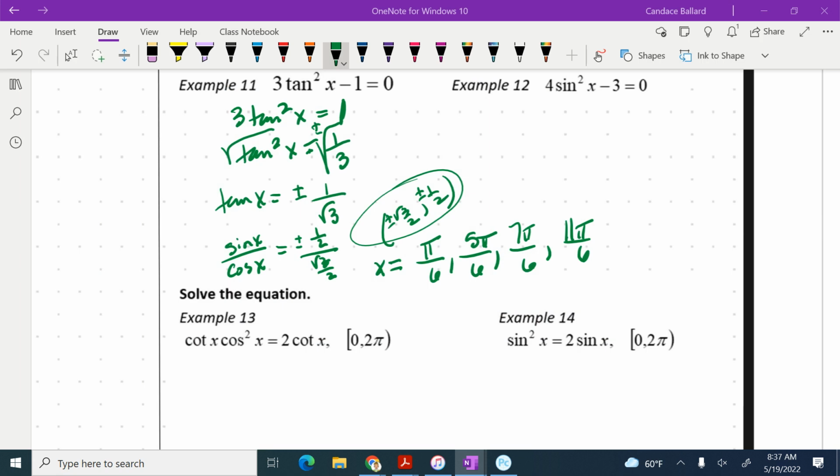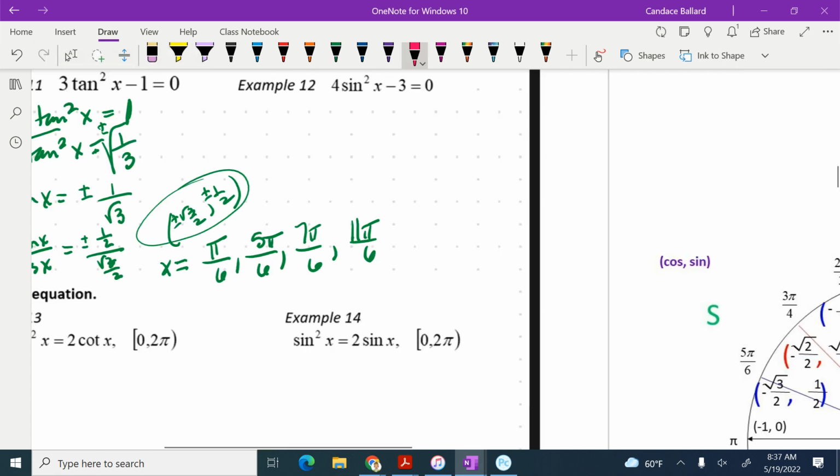What did I have to move first? Everybody okay with the 3? I'm gonna do my work off to the side here. So I got 4 sine squared x equals 3. Then what?